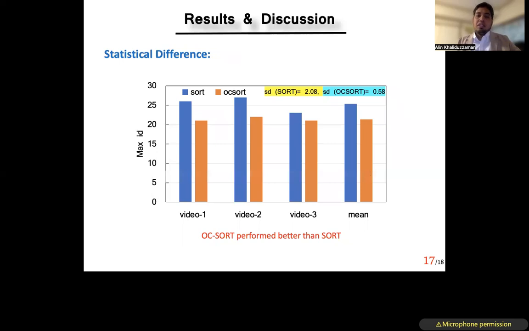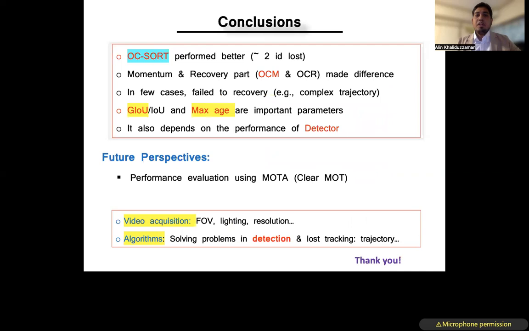This is the statistical difference between SORT and OC SORT, the average result. The average identity loss was around 6 for SORT and around 2 for OC SORT. In conclusion, OC SORT performed better, as it lost identity just 2 times.